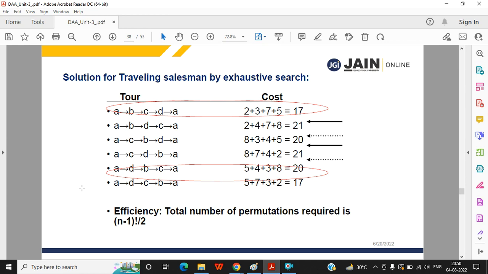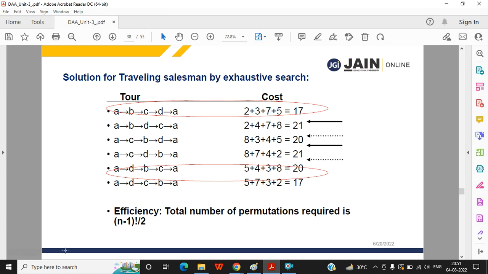So you are considering every possible option, every possible combination. The total number of permutations required is factorial (n minus 1) divided by 2. Now why divided by 2?